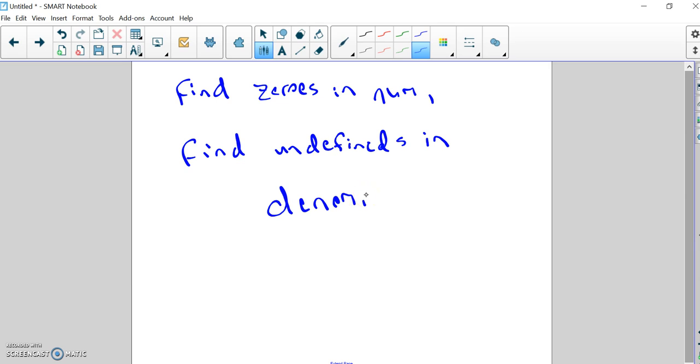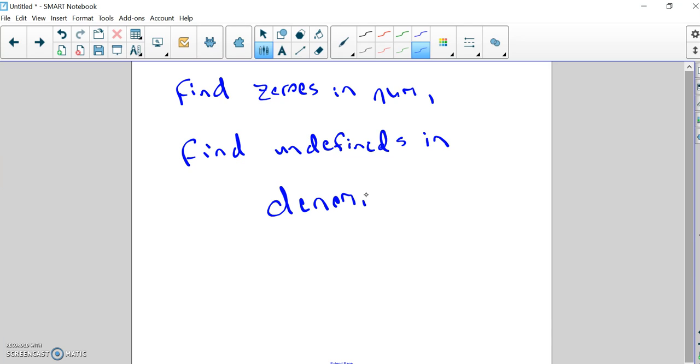Okay. So all that means is in the numerator, once you get the numerator factored, you need to set each factor equal to 0 and solve for x. And then in the denominator, once you get that factored, you need to set each of those factors equal to 0 and solve for x.